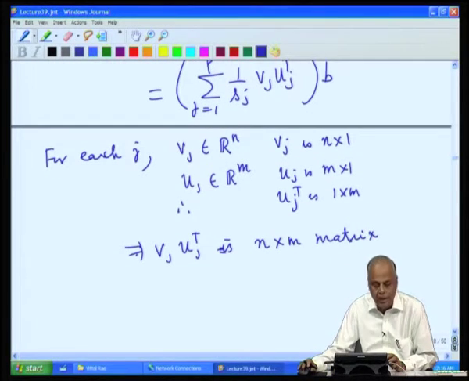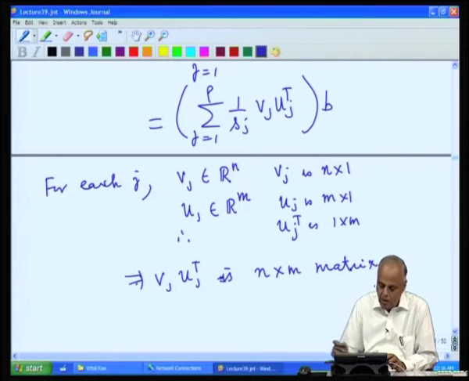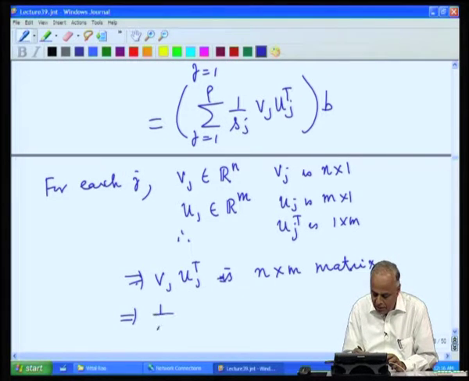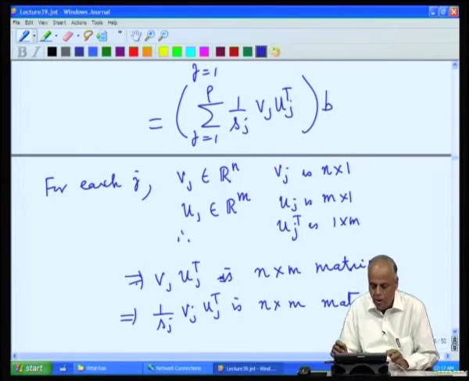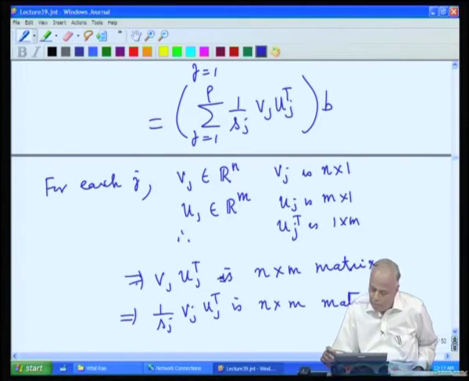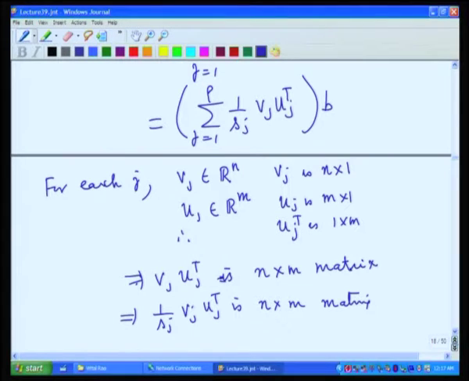V j U j transpose is an n by m matrix, and if I multiply it by a scalar, that will also be an n by m matrix. So, therefore this V j U j transpose times 1 by S j is always an n by m matrix.